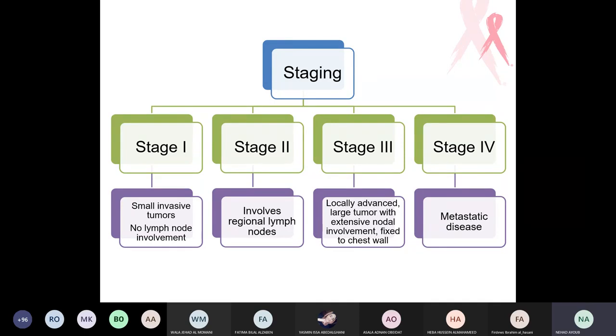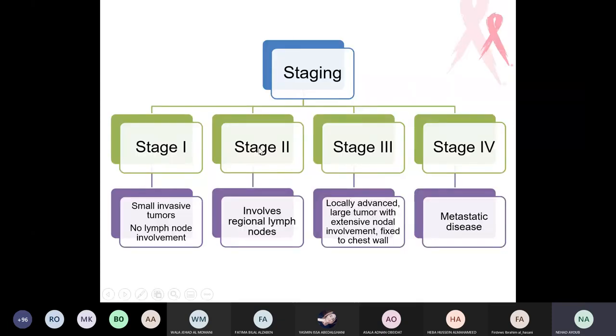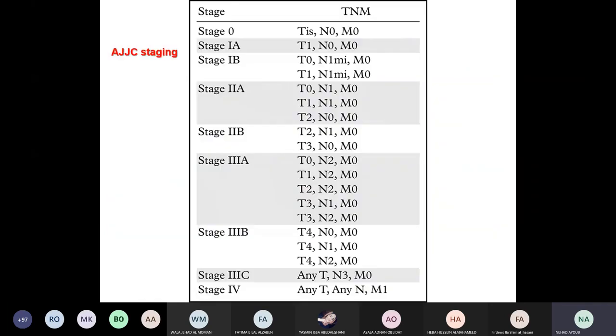Stage 1 usually has smaller tumors and usually no lymph node involvement, or minimal involvement. When I say stage 2 disease, usually the tumor mass is larger, and I start to see lymph node involvement.